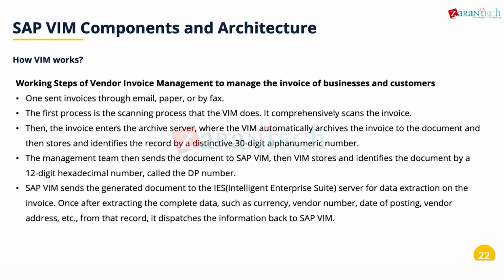So primarily we have three numbers for the same document, and there is a relationship between the DP number and the reg ID, and this 30-digit alphanumeric ID, the archive ID, will be linked to both the reg ID and the DP number as well. I hope you're clear on what these three numbers are. If you have any questions, feel free to ask.